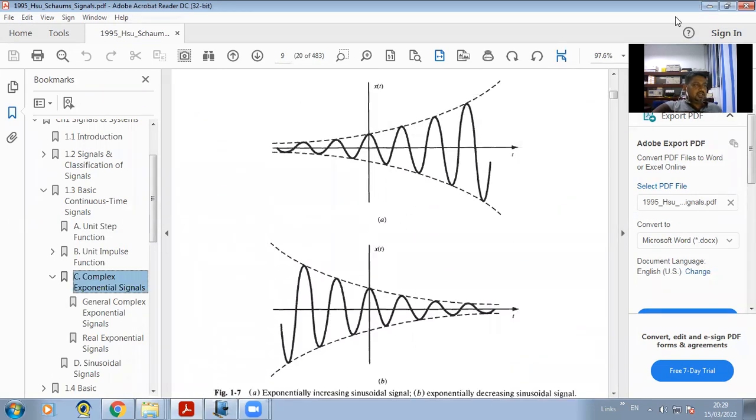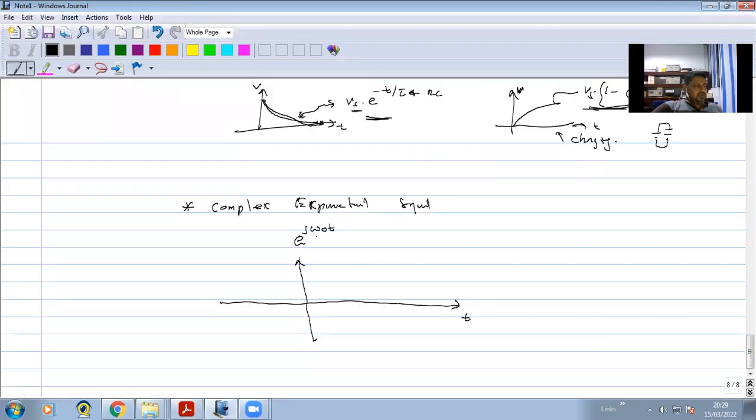Here j is the complex number, the square root of minus 1. So j omega naught t is a complex value, and this is an increasing signal like this.